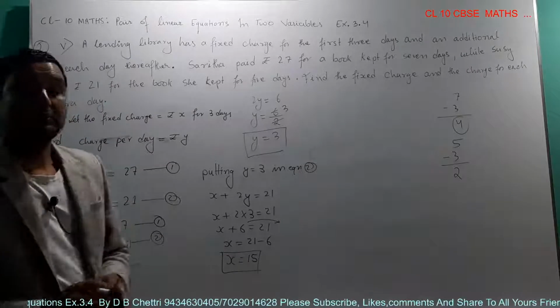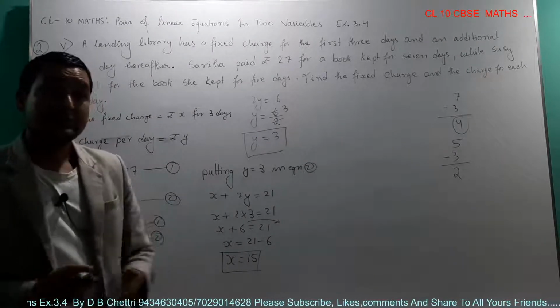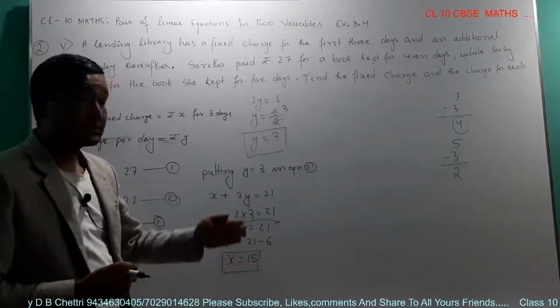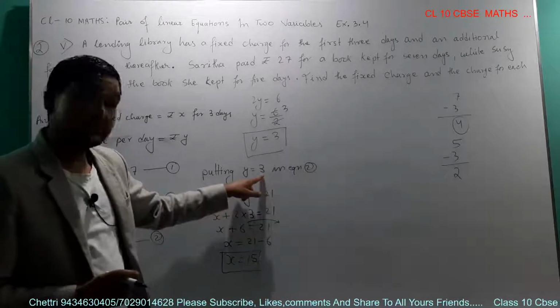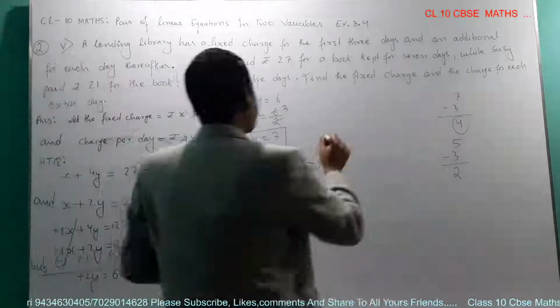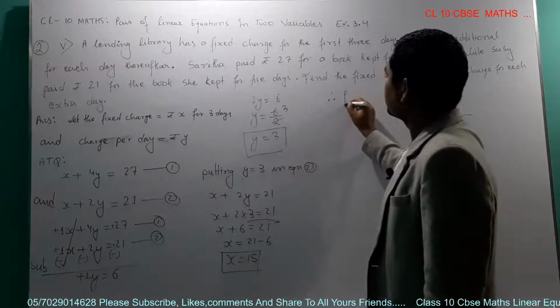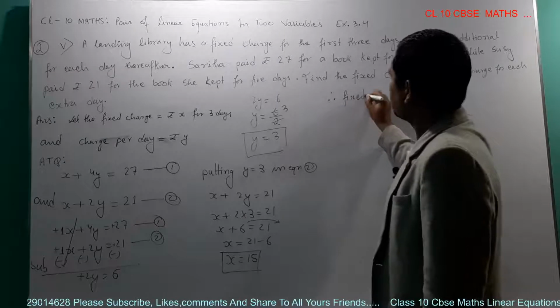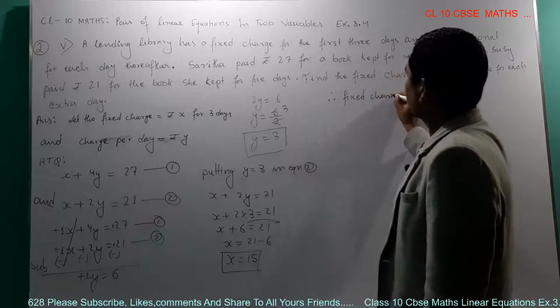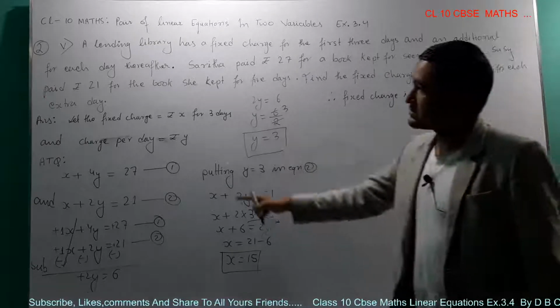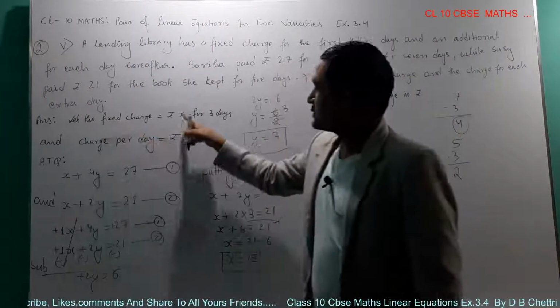That means the fixed charge for first 3 days is rupees 15. Okay, then additional charge per day is how much? Rupees 3. Now let's write the conclusion. Therefore, fixed charge is rupees how much? Fixed charge means which letter is there?